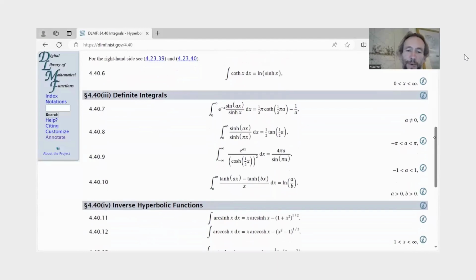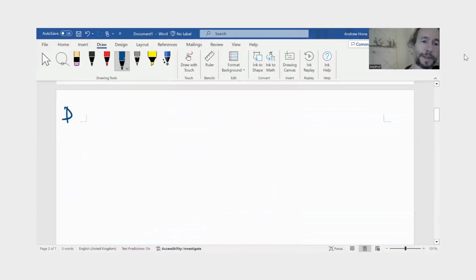It's written with 1 over cosh squared, and there's a scaling. So let me write down that integral. So they actually give this result which has a real parameter a. So let me just say something about that.